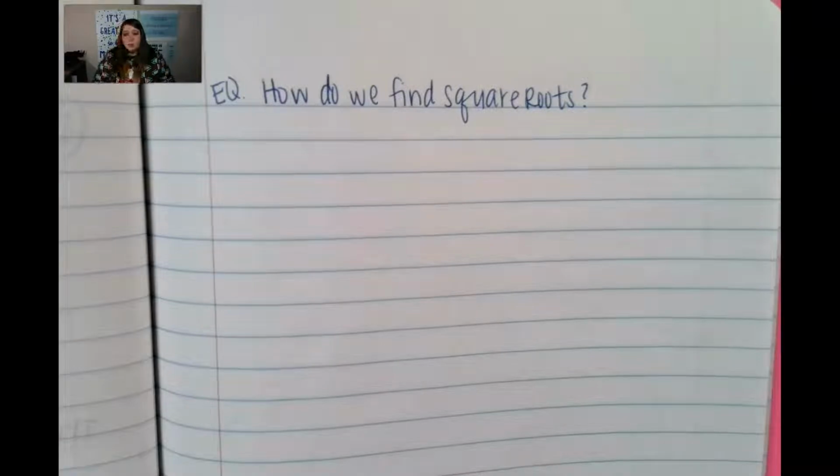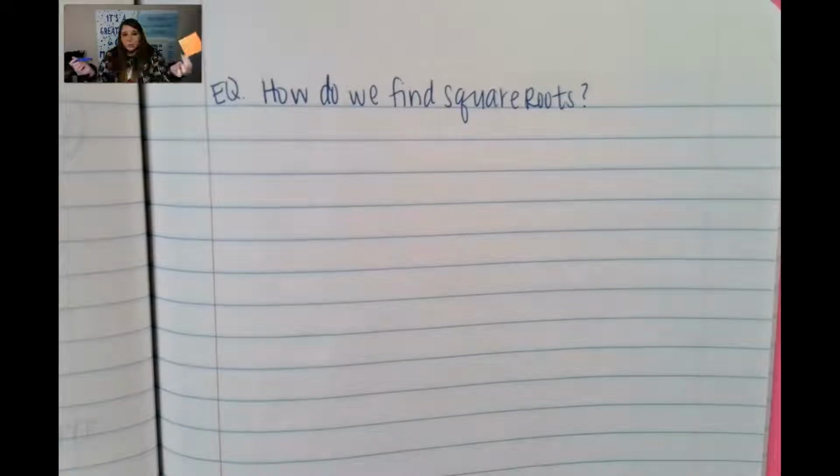So the first thing that we're going to look at is what is a square? All right, so think to yourself, what do I know about squares? Well, I know that a square is the same on both the length and the height. I also know that it is two-dimensional.